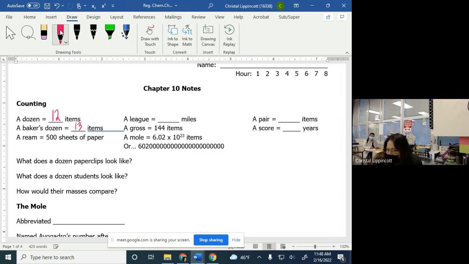So they throw an extra one in case there's something wrong with one of the items. A ream. If somebody tells you to go pick up a package of paper in the clerical pool, you come back with that stack that's bound by paper. That's a ream of paper, and that's 500 sheets. A league is, I can't remember what a league was.